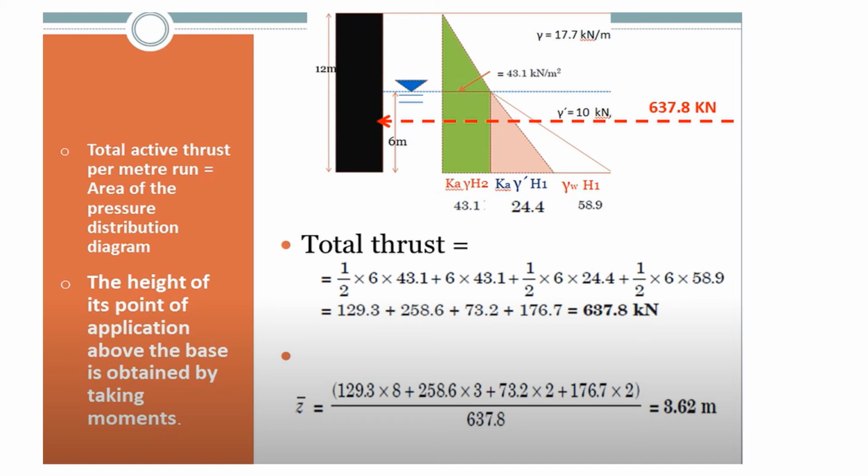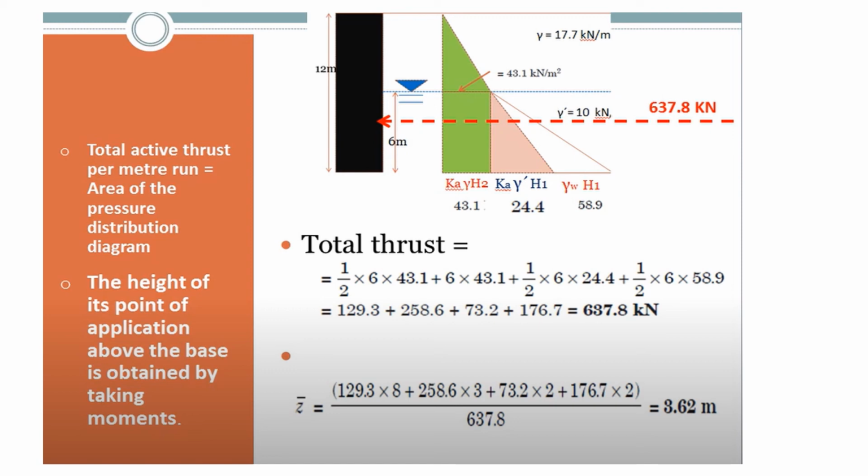And here we are also asked to find the point of application of this force, that is where this total force is acting. For that you have to find the moment of each of these forces and find the location of the total force. First of all, you have to find the location of the force 129.3, that is in the first triangle, the top triangle.